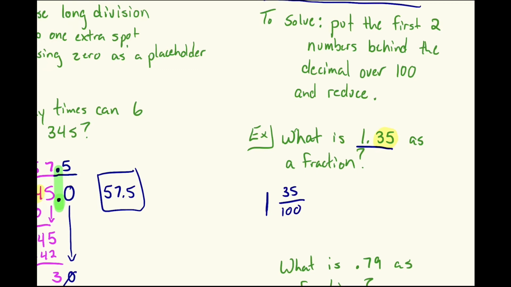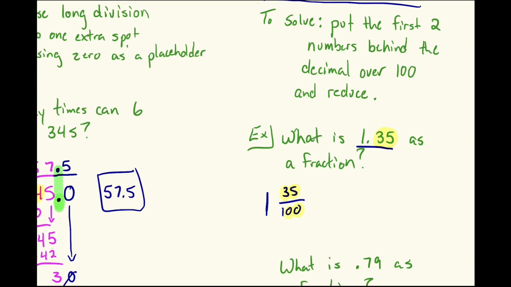Now, some of you might be asking, why is it 100? Well, the number of spots behind the decimal place, which was 2, has to equal the number of zeros. So, if there was only one number behind the decimal point, then it would be over 10, because 10 has 1 zero.